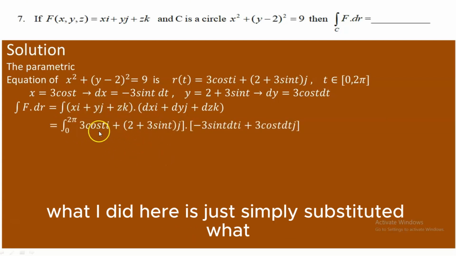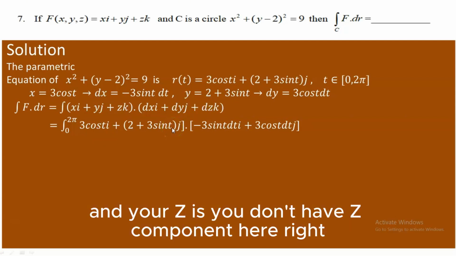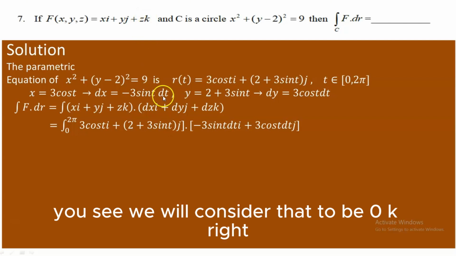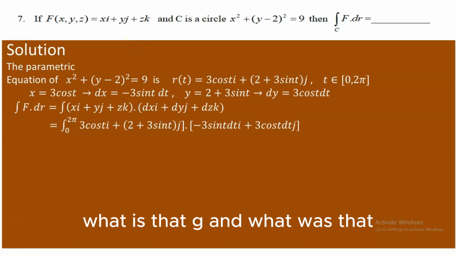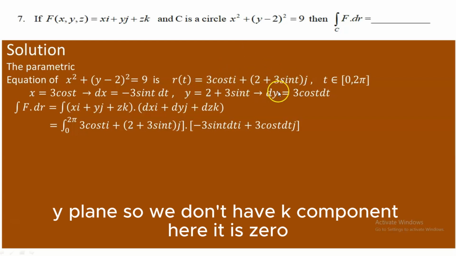What I did here is simply substitute x as 3 cos t, y as 2 plus 3 sin t, and for z, we don't have a z component here, so we consider that to be 0k. This is given entirely on the xy plane, so we don't have a k component here; it is 0.